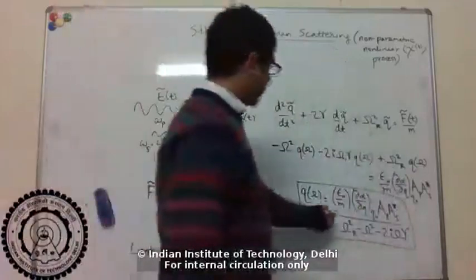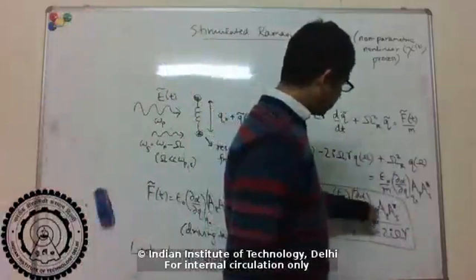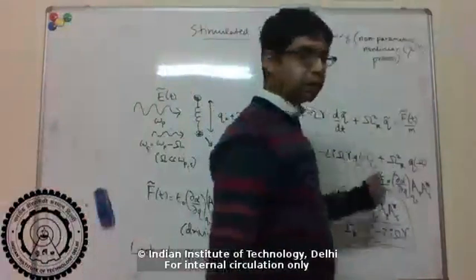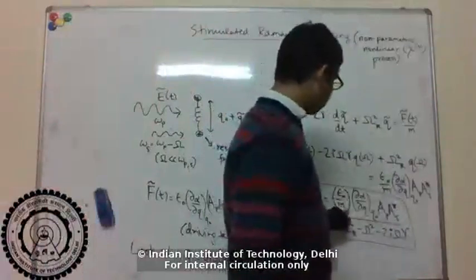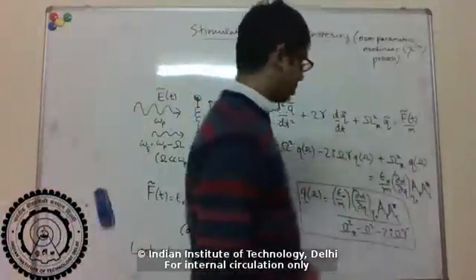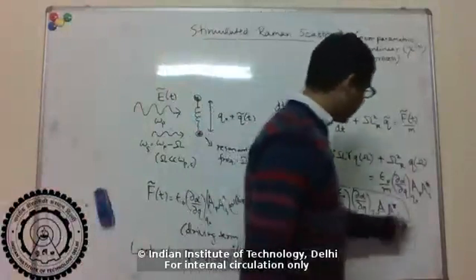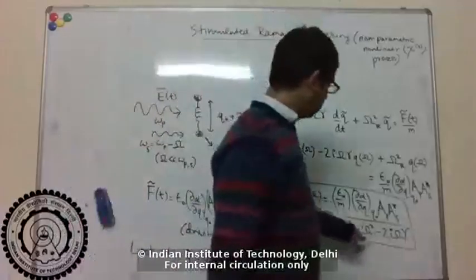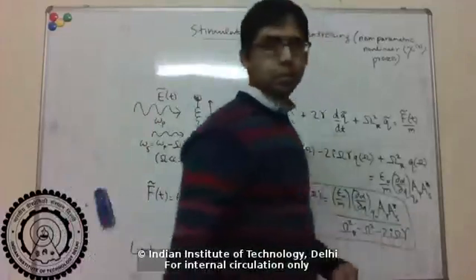Okay, so I have some constants here. Of course it depends on how the polarizability changes with the displacement, which is a material property. There's a mass of the atom or molecule here, which is also a material property. Then it depends on the product of the optical fields, and in the denominator I get some factor like what we got for the susceptibilities also: omega r square minus omega square, and then this damping term.